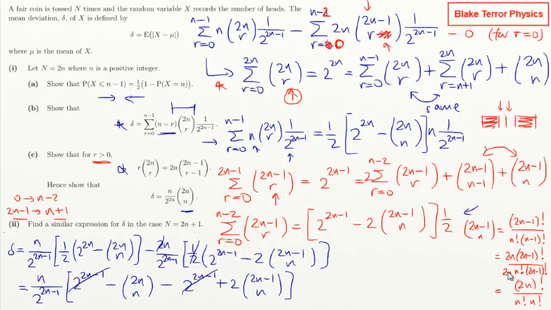Oh no, that's just an n minus 1 in there actually, isn't it? So the 2n multiplied by the 2n minus 1 factorial gives me a 2n factorial. The n times the n minus 1 factorial gives me an n factorial.